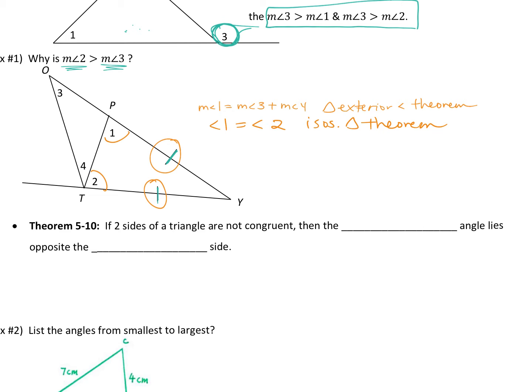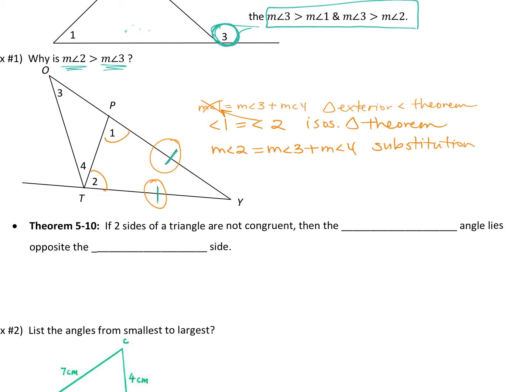Okay, so if I know 1 is equal to 3 plus 4, and I know 1 is equal to 2, then I can say the measure of angle 2 equals the measure of angle 3 plus the measure of angle 4 by substitution, right? I just substituted the 2 for the 1. I took this 1 out and I put a 2 in its place. So I get this.